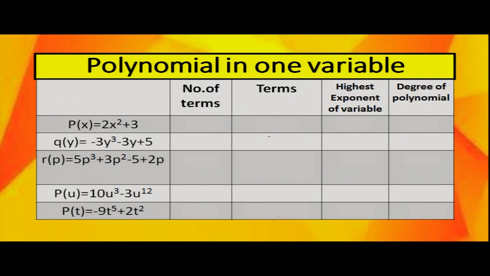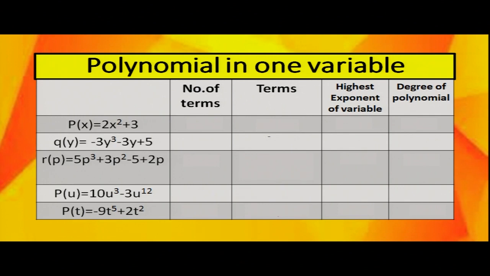Similarly, in the second one, the polynomial is minus 3y to the power 3 minus 3y plus 5. And what is the variable? The variable is y. So, the polynomial is denoted by q(y). It may also be denoted by p(y). Similarly, the others are also given.